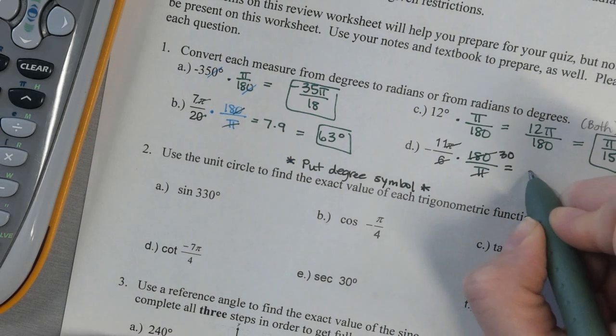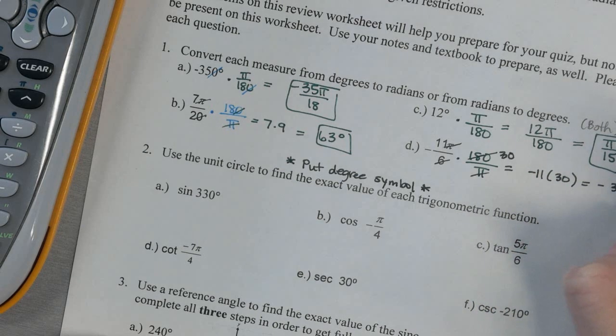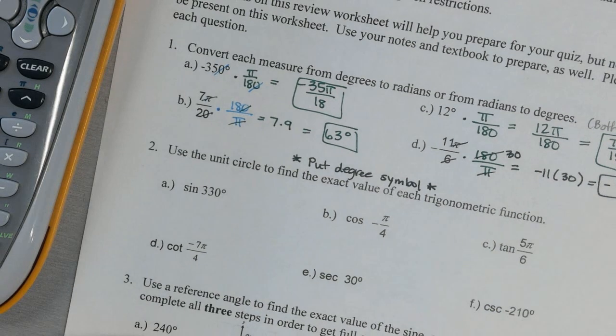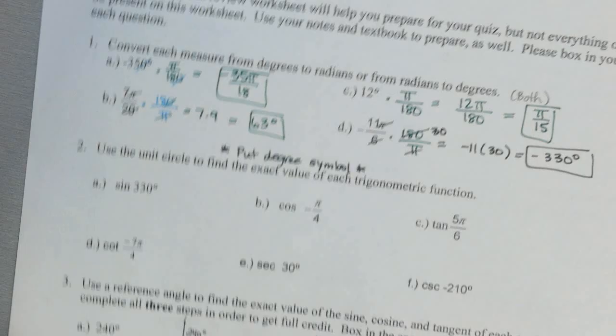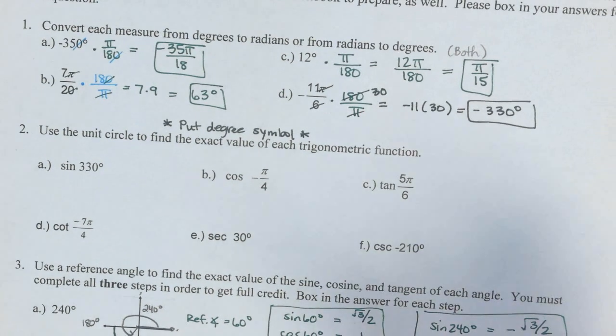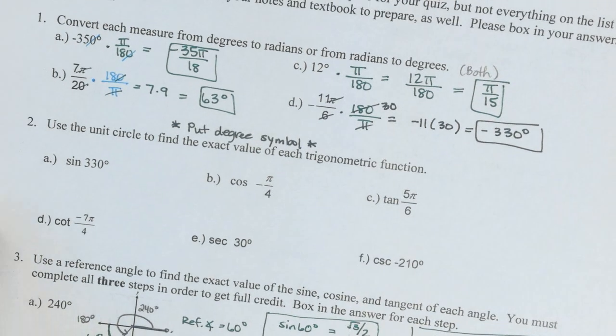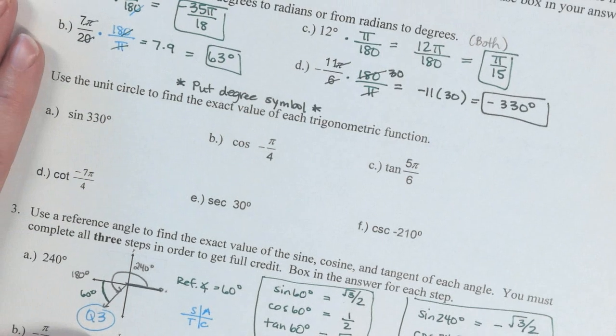So 30, so this is like negative 11 times 30, which is negative 330. Great. Okay, so again, make sure that you have your degree symbol. So you'll have one of those on the no calculator and then a couple on the calculator, okay? So both sections.